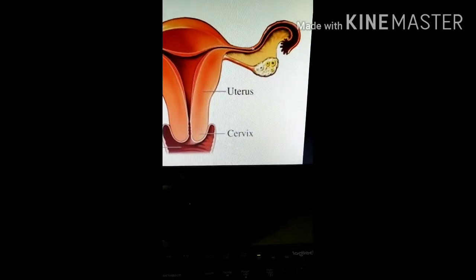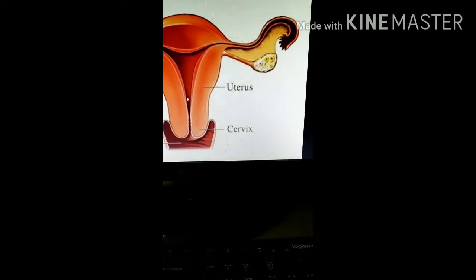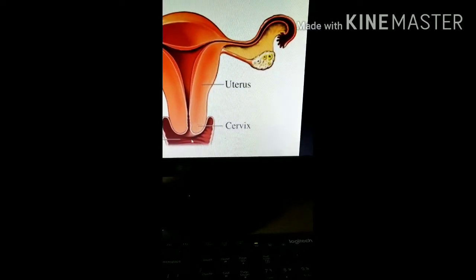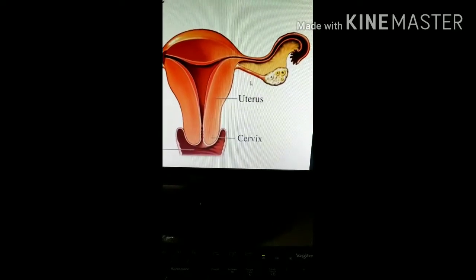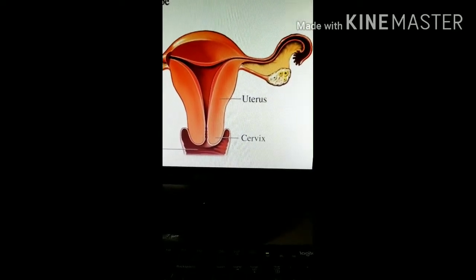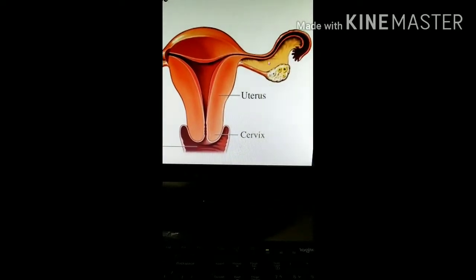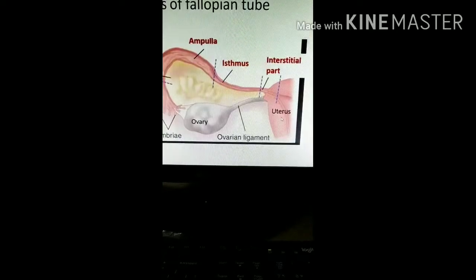The uterine cavity is continuous with the cervical canal, and this is the cervix. So both sides have a uterine tube, and they are both continuous with the uterine cavity.